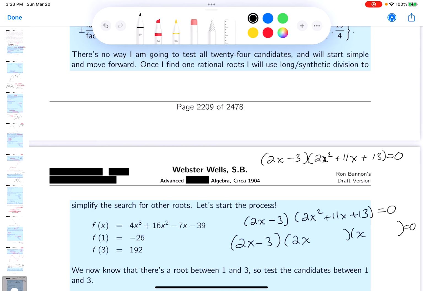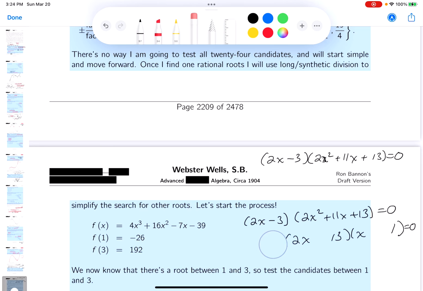So, I'm going to say 13, 1. Would that give me 2x squared? It would give me 13. No, it's not going to work, is it? Because you do get the 2x squared, you get the 13, but 2 and 13 is 15. No, it's not going to be rational.